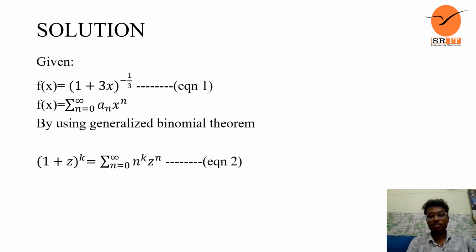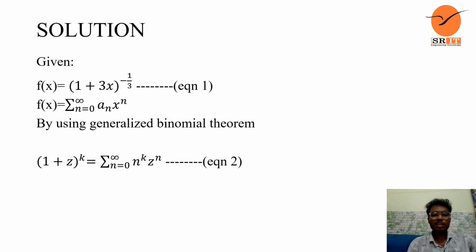And coming to the solution, given f(x) = (1 + 3x)^(-1/3). Let us consider this as equation 1. And f(x) = summation n = 0 to infinity a_n x^n. This is the generalized formula for the generating function f(x).